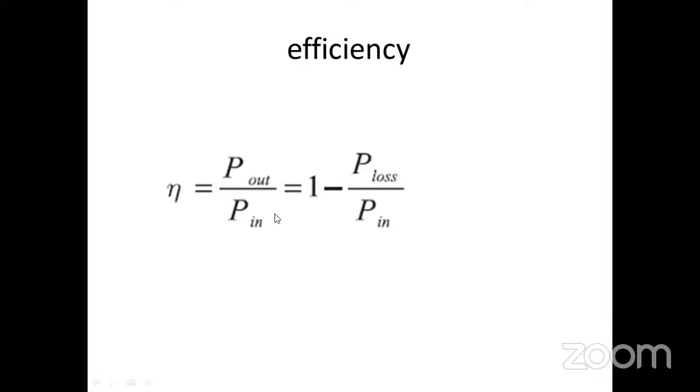The second term, P losses by P in, will come here. Okay, sir. Efficiency is 1 minus P loss by P in. When the loss becomes 0, efficiency will be 100%. The loss is a percentage of input, sir.